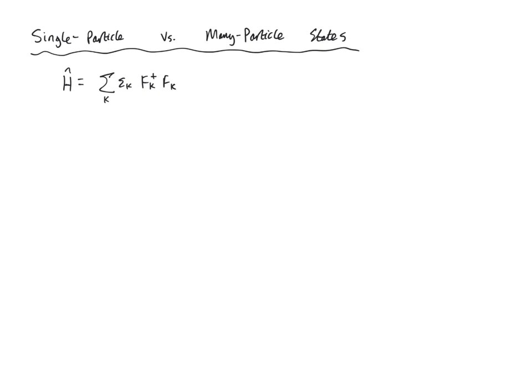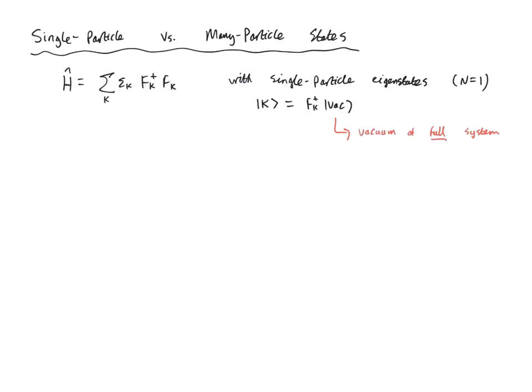And we have single particle eigenstates, and what I mean by single particle eigenstates is they're eigenstates of the full Hamiltonian, but with the constraint that we have a single electron in the entire system. I'll denote these with this ket k as before, and that just means fk dagger acting on the vacuum. However, this vacuum is itself the vacuum of the full system with n orbitals, and it is something that lives in the Hilbert space H0.